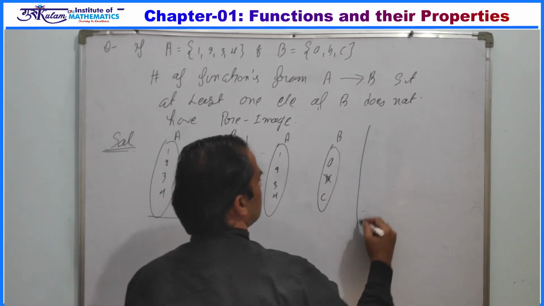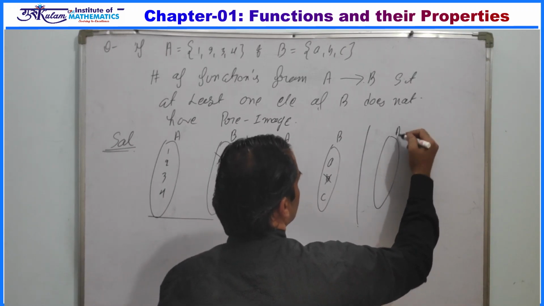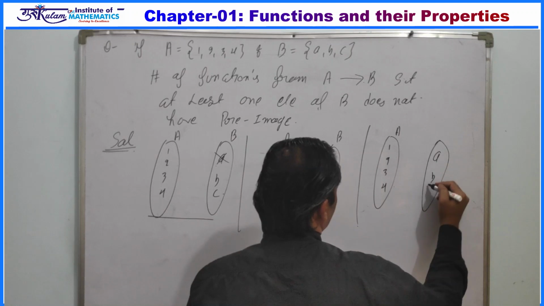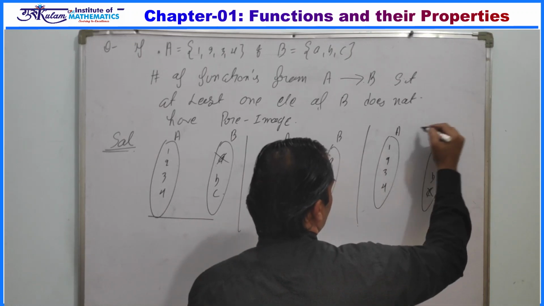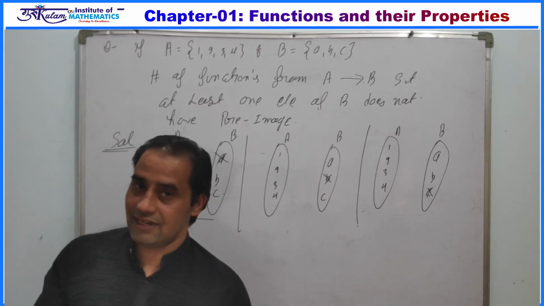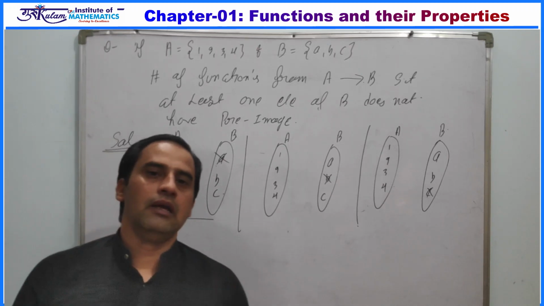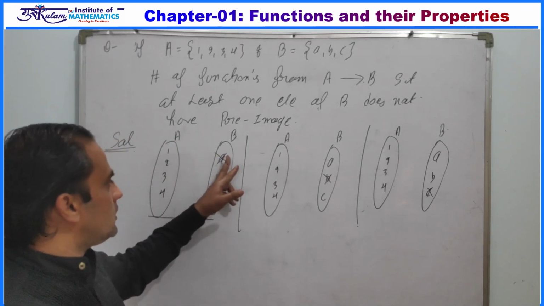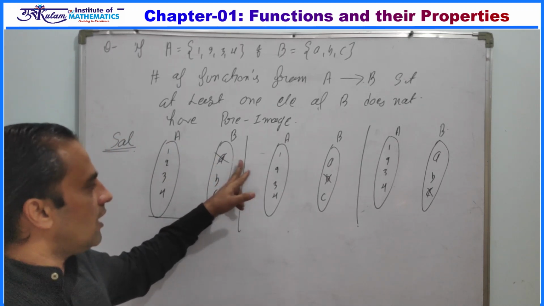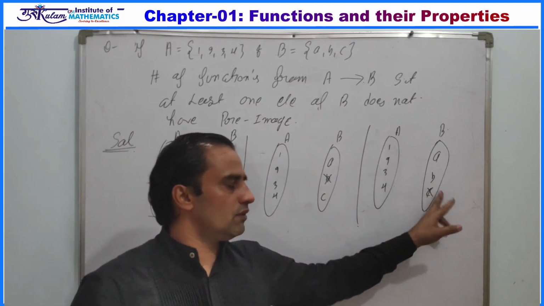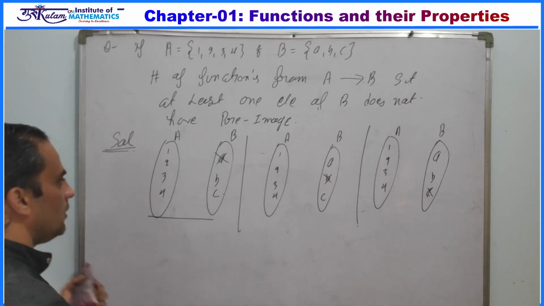And the third case is again A = {1, 2, 3, 4} and {a, b, c} and c does not have a pre-image. So first we count the functions in which a does not have a pre-image, then those in which b does not, and those in which c does not.